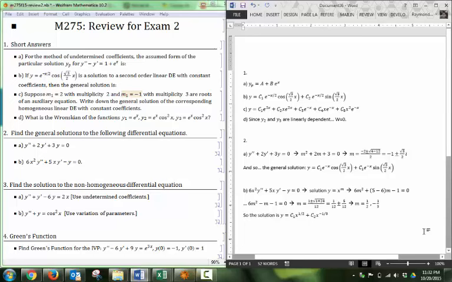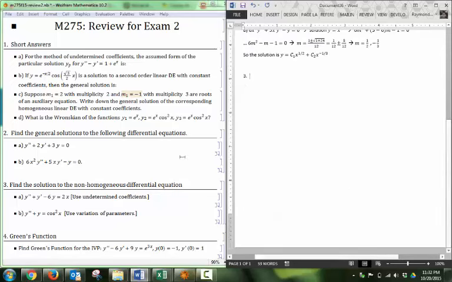Alright, let's move on to number 3. And for this problem, we are using undetermined coefficients to solve for this. So let's start off by writing our differential equation.